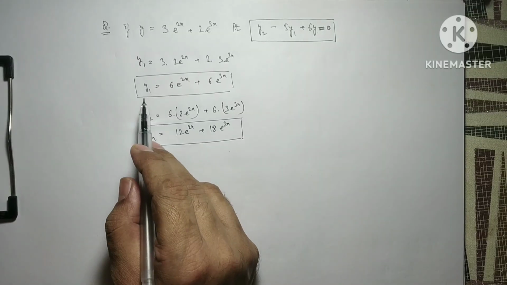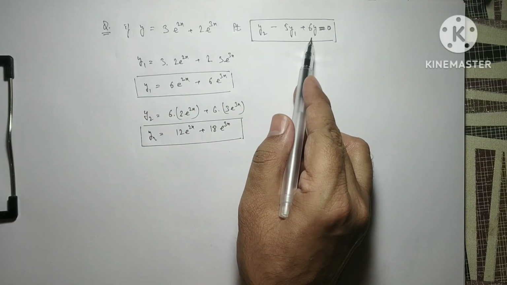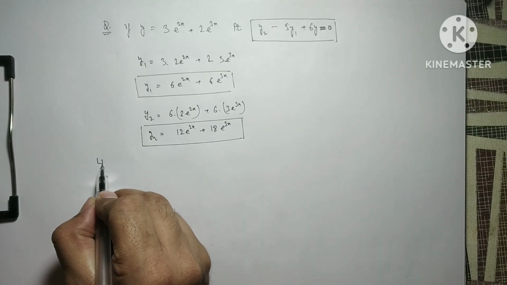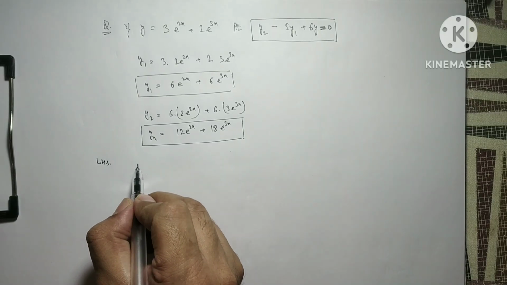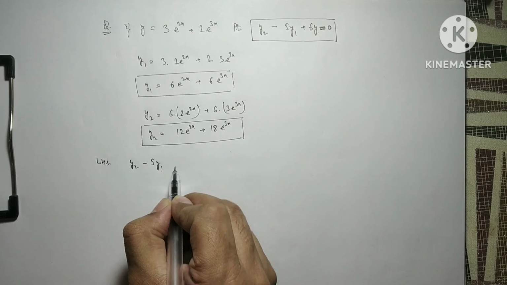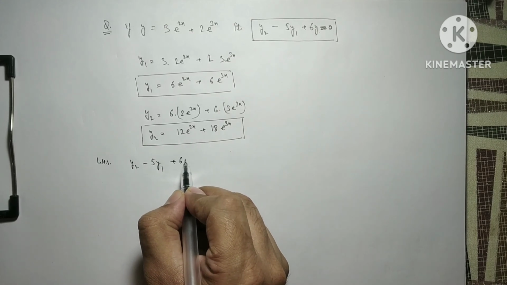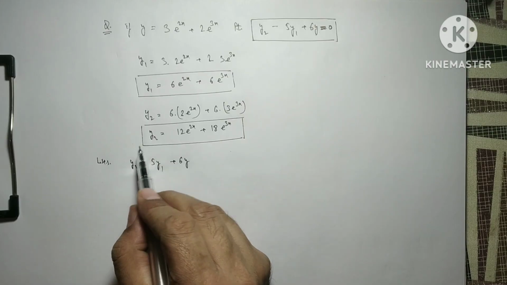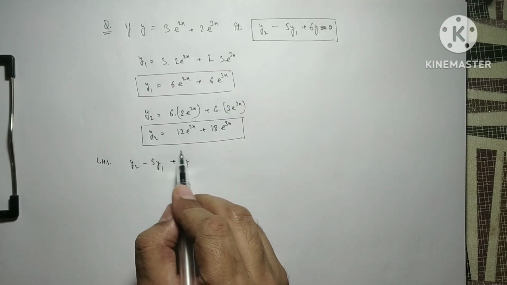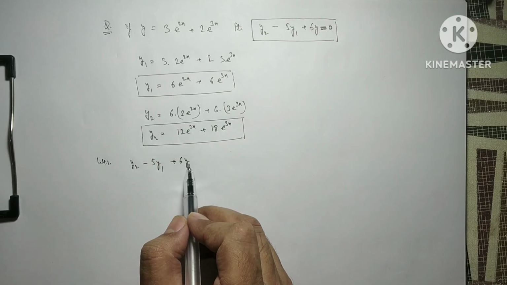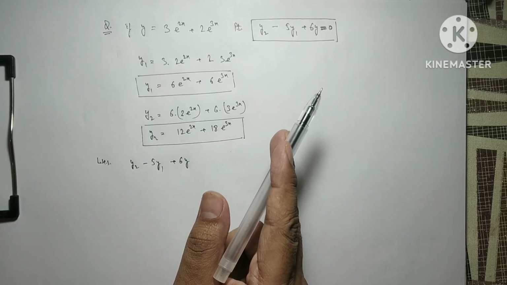So put all these values in this expression on left hand side. So left hand side is y2 minus 5y1 plus 6y, and our required condition is, on solving these expressions, we should get the answer 0.